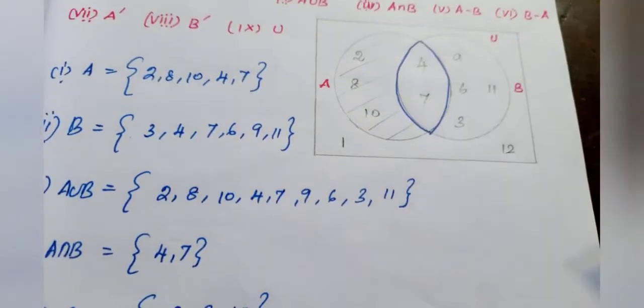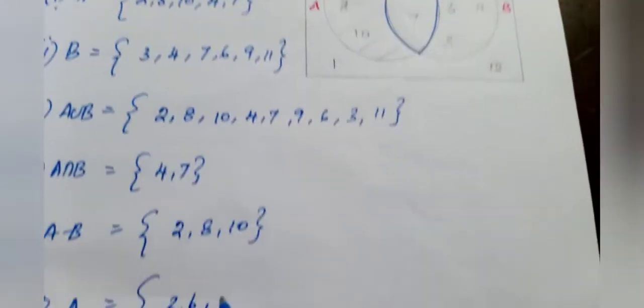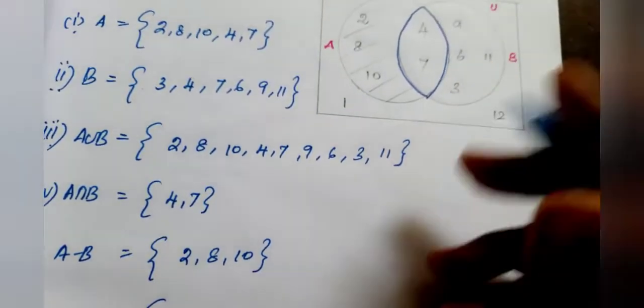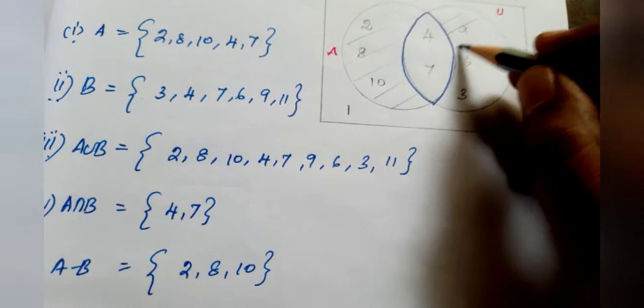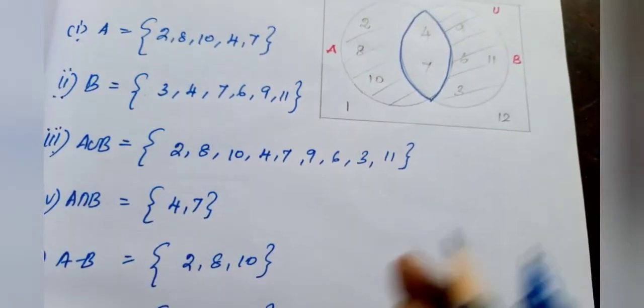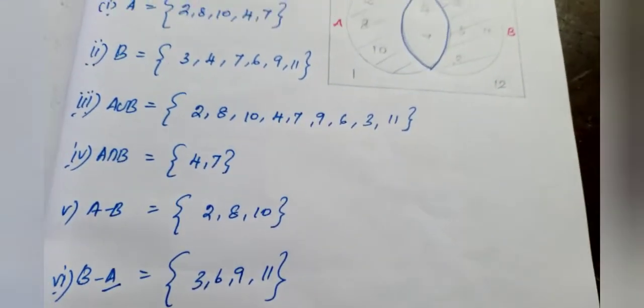So that is 3, 6, 9, 11. This shaded region is called B minus A.